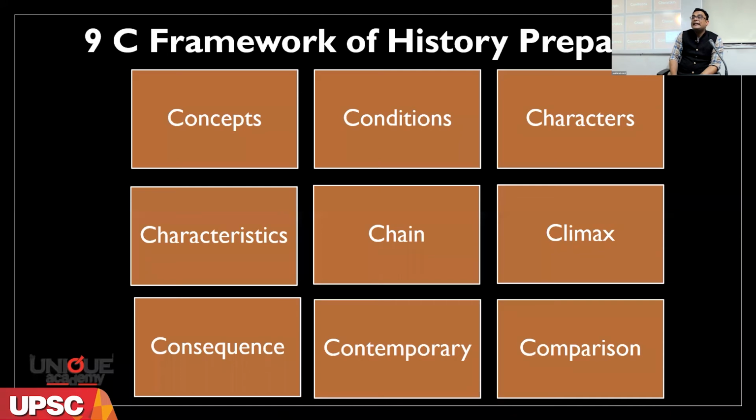Number 3, characters. In many historical events, you will come across some characters who have made some choices, and that has led to that particular event. What do characters do? They make choices. Okay. For example, people of France made a choice that we are not going to live this life anymore.